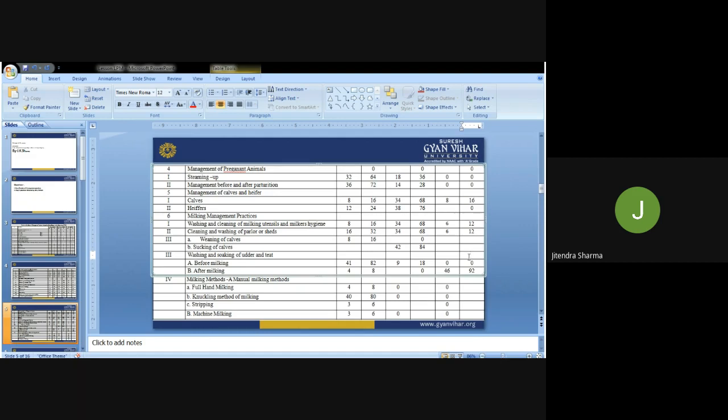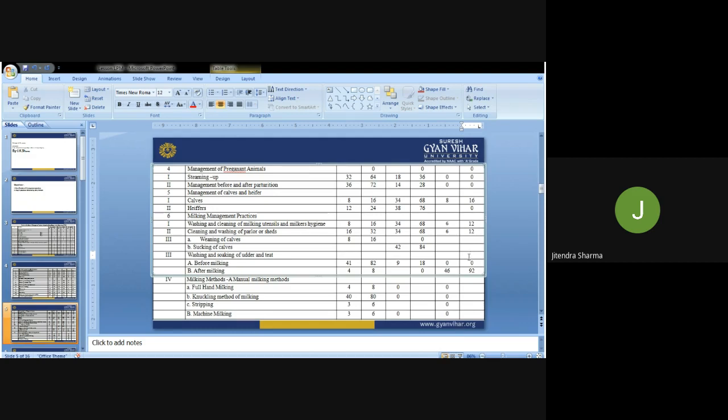Washing and soaking of udder and teat before milking: we will see that 82% of farmers follow this practice, and 18% partially follow it, but after milking only 8% of farmers follow this practice, whereas 46% of farmers least bother about this.